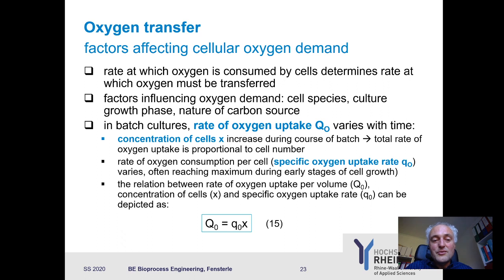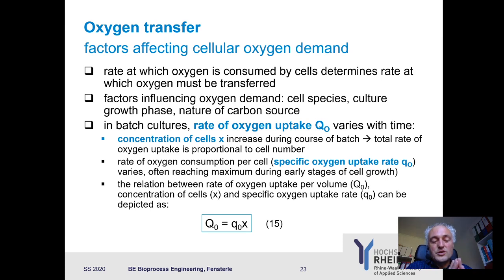Now the factors influencing the oxygen demand are quite straightforward. These are the cell species themselves, the culture growth phase, the nature of the carbon source, and so on. Temperature can also dictate that, because the specific growth rate is dependent on the temperature, and this of course also dictates the transfer rate. In batch cultures, the rate of oxygen uptake varies with time, so it's not constant overall.